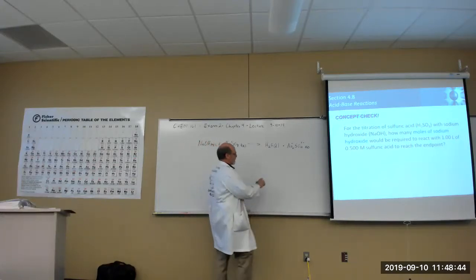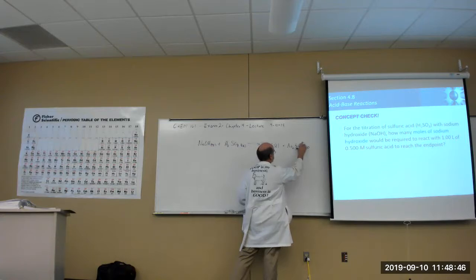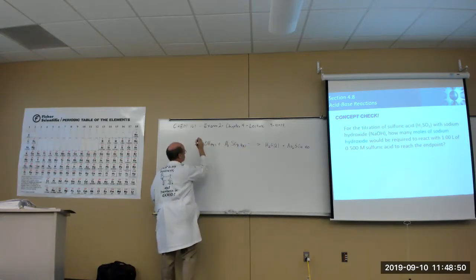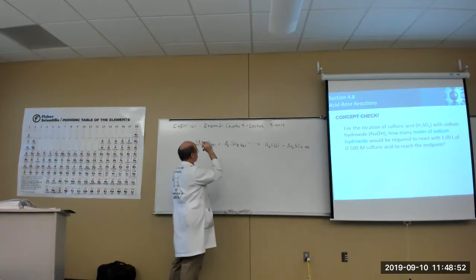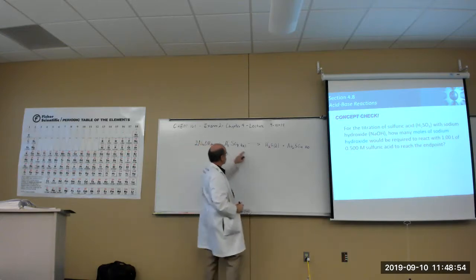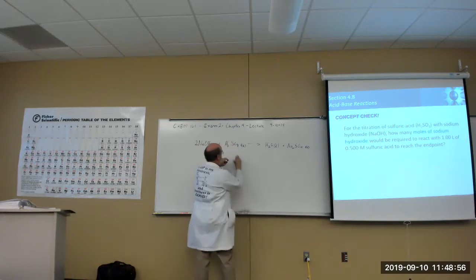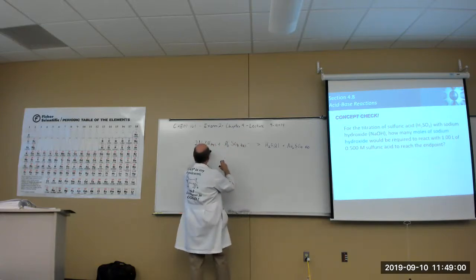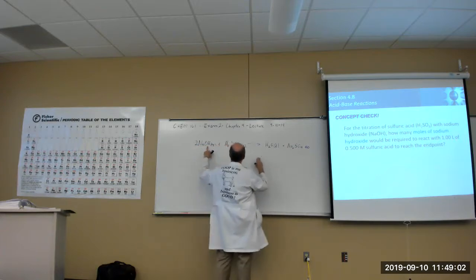So now we need to balance it. 2 sodiums on this side. We need 2 sodiums on this side. 2 hydrogens, 2 hydrogens. 1 sulfate, 1 sulfate. 2 oxygens and 2 hydrogens.